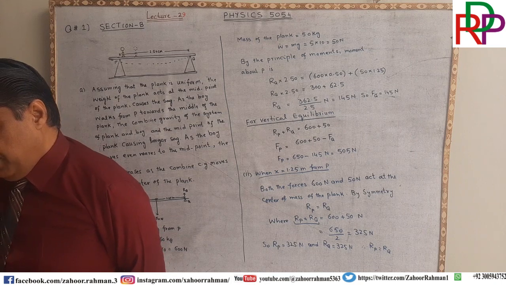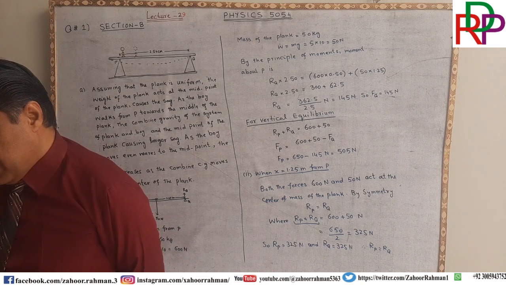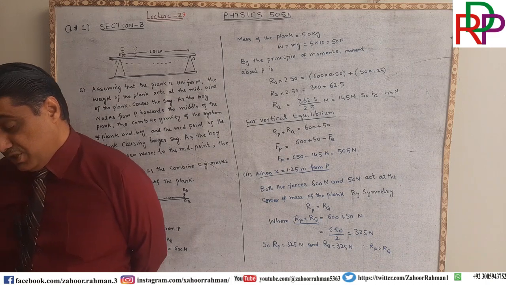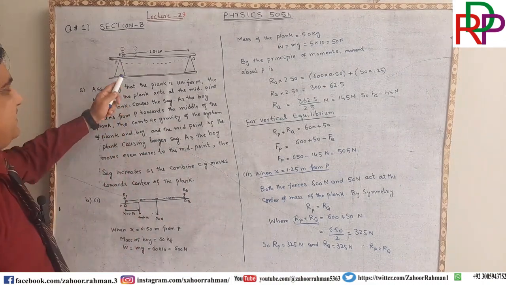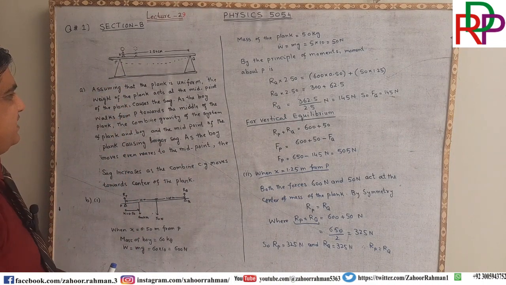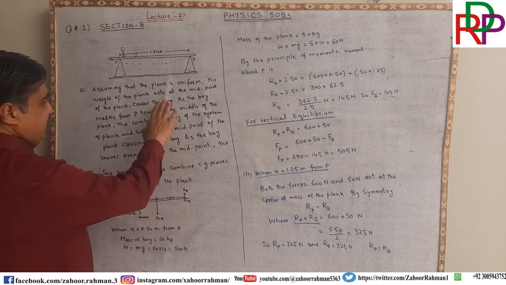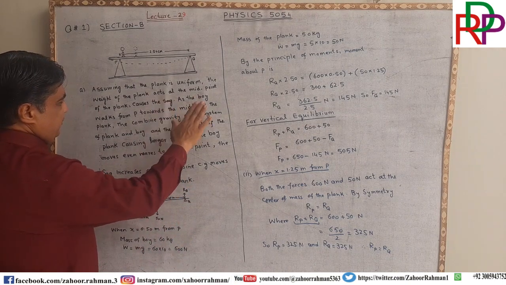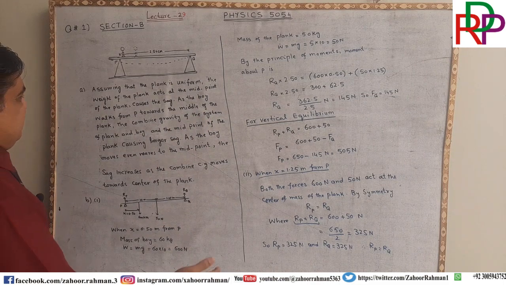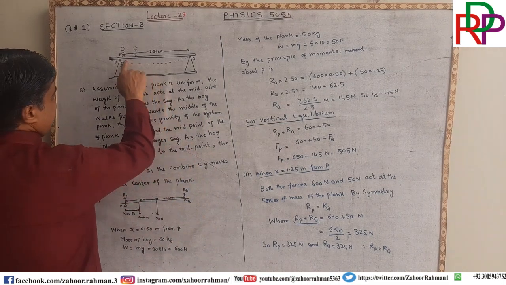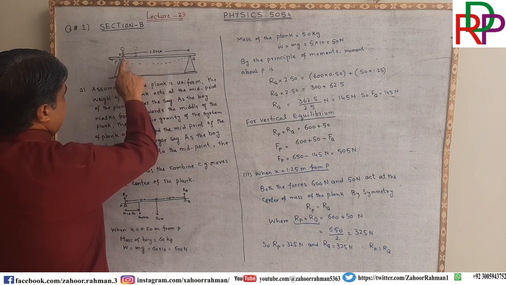Okay, part A is asking: explain why the sag increases as the student walks towards the middle of the plank. Why is it so? Remember, ladies and gentlemen, I wrote it in detail before the recording of this lecture to save time, but let me explain it.